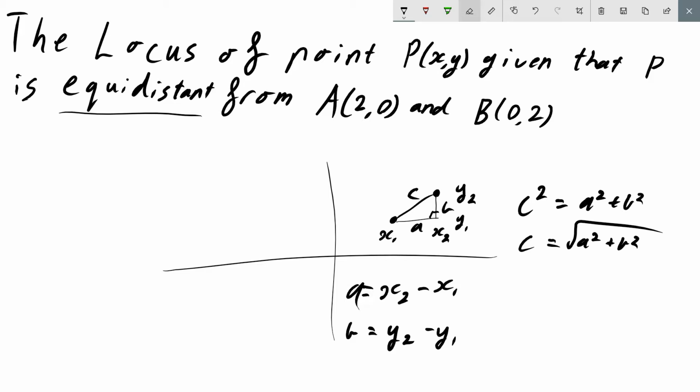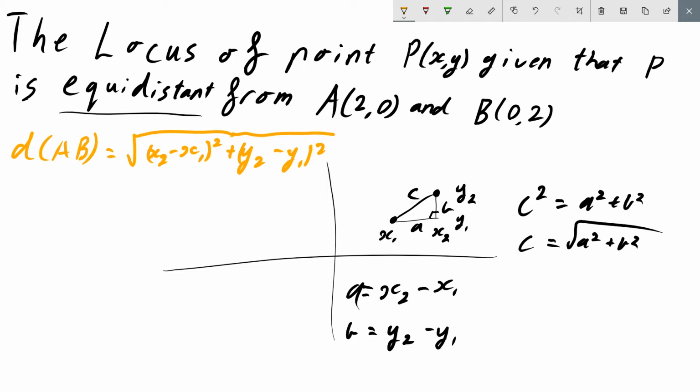So now let's sub in all of the stuff. So the distance from any 2 points A, B is equal to the square root of x2 minus x1 squared plus y2 minus y1 squared, all square rooted.